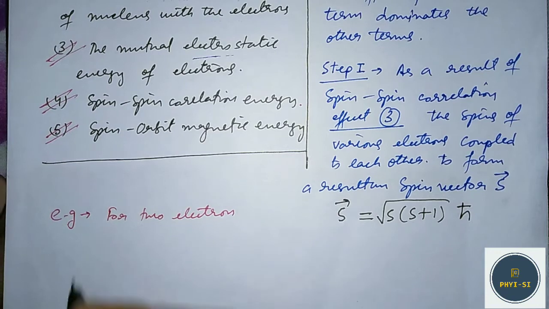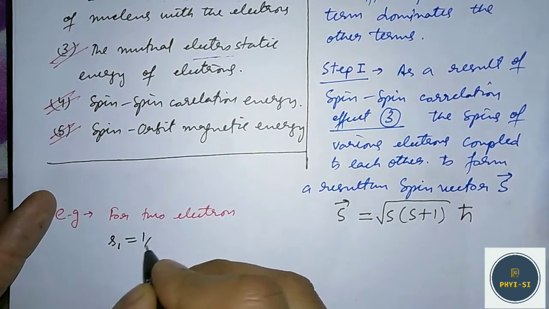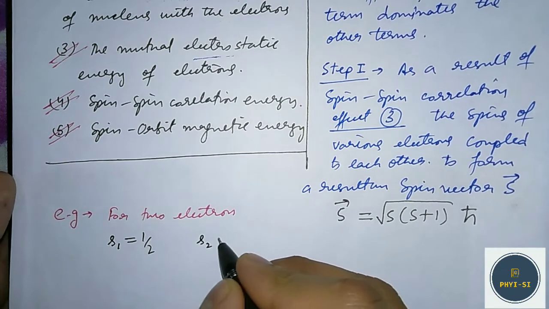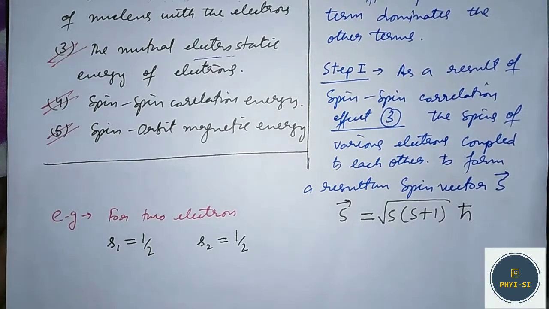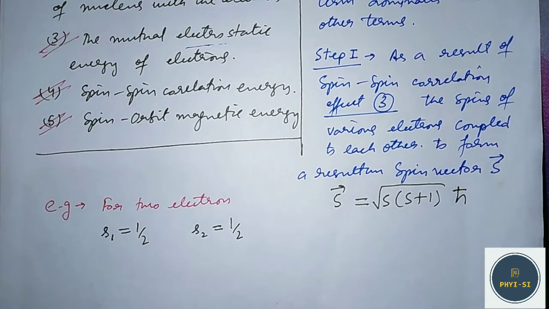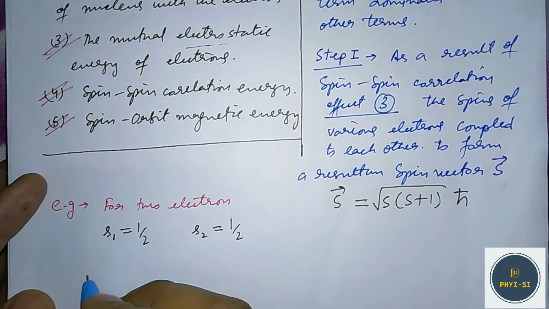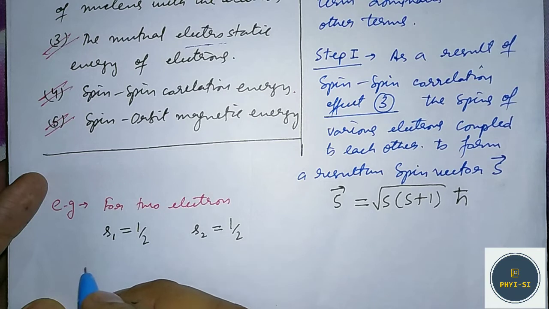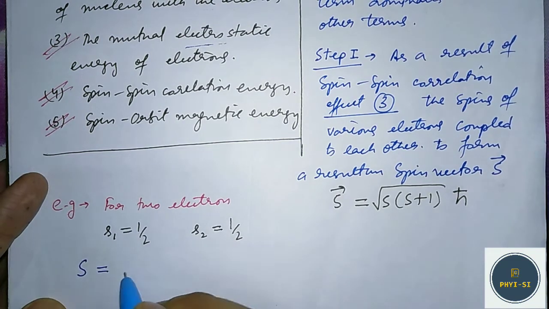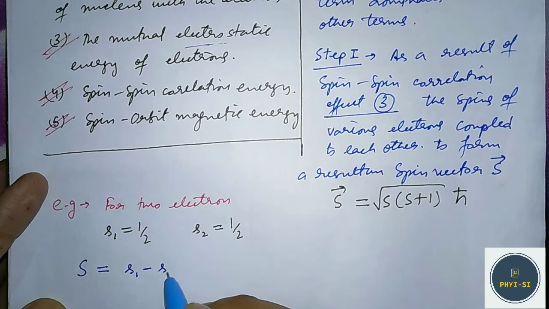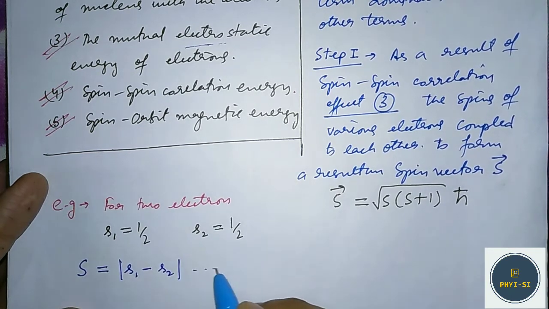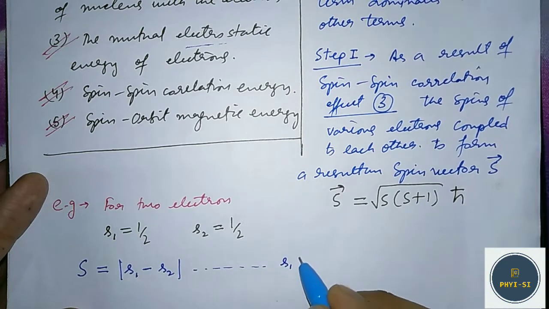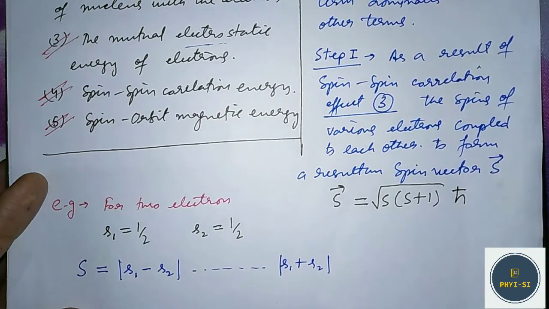The first electron has a spin of 1/2 and the second electron has a spin of 1/2. Electrons can have anti-parallel or parallel spins, so we have two cases. The value of s will be from s1 minus s2 to s1 plus s2.